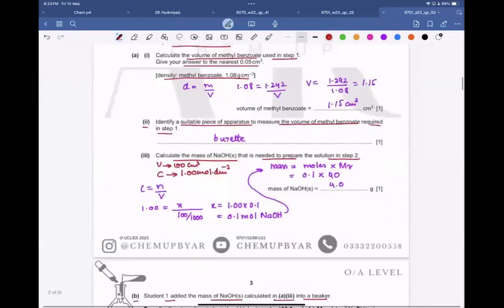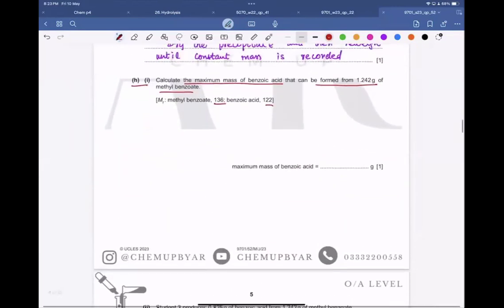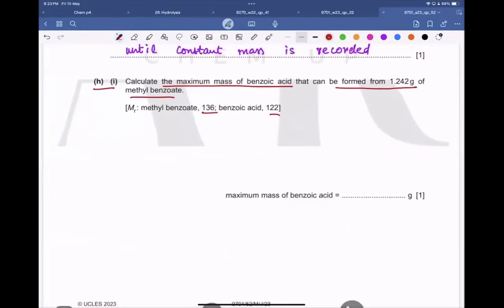So the ratio between methyl benzoate and benzoic acid is 1:1. So it means that the mole ratio is 1:1, which means that 136 gram of methyl benzoate is going to produce 122 grams of benzoic acid. So if we have this many grams of methyl benzoate, then X grams of benzoic acid would form.